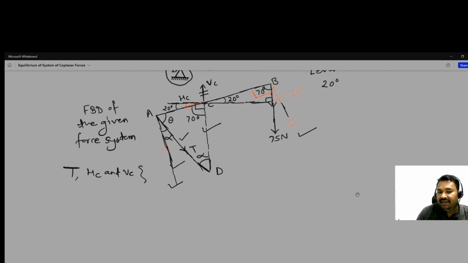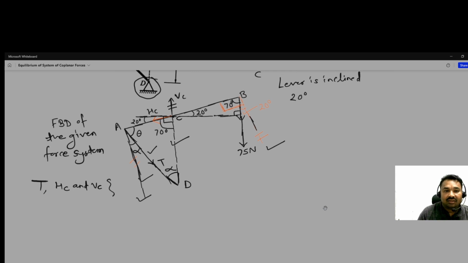So for that we need to know the inclination of this T with this lever axis. That inclination is theta. Before that, theta we need to know.